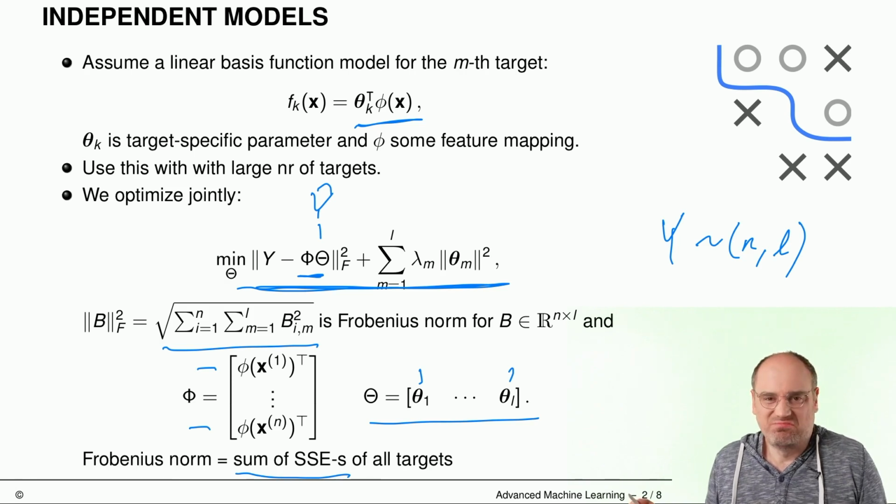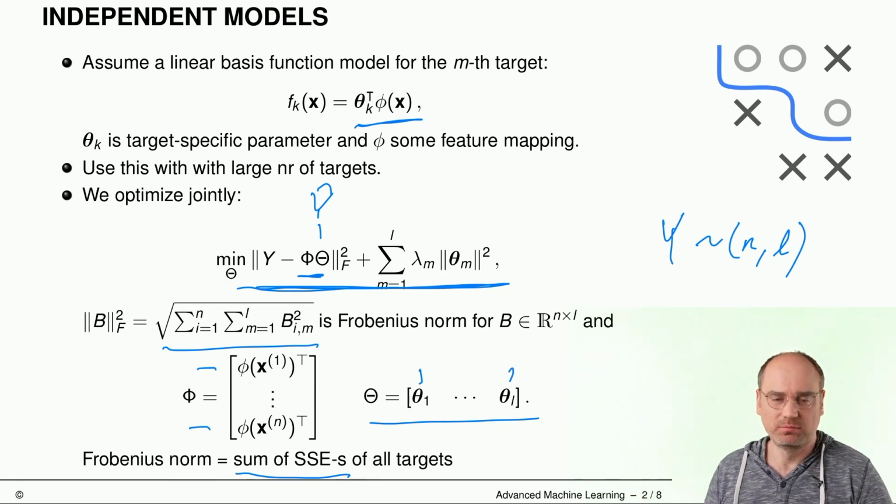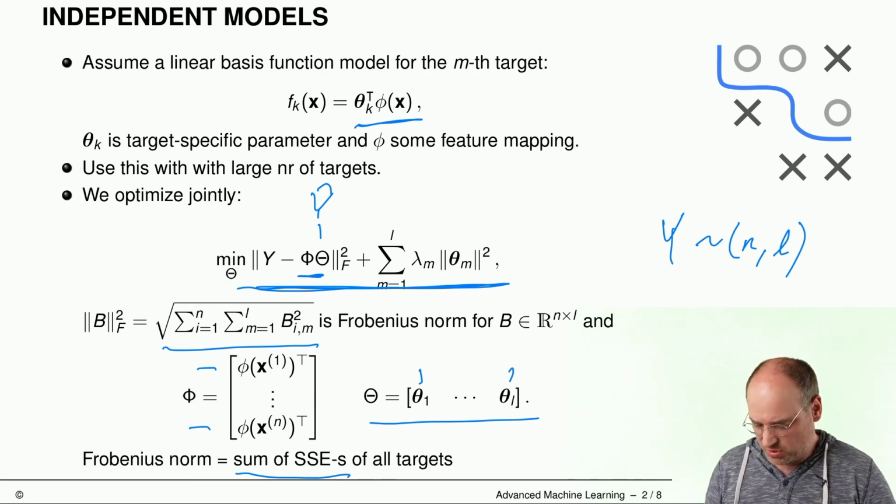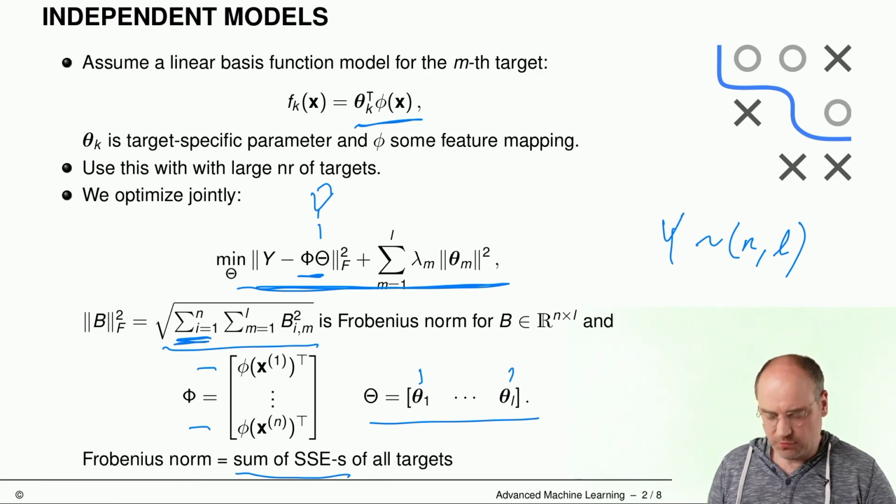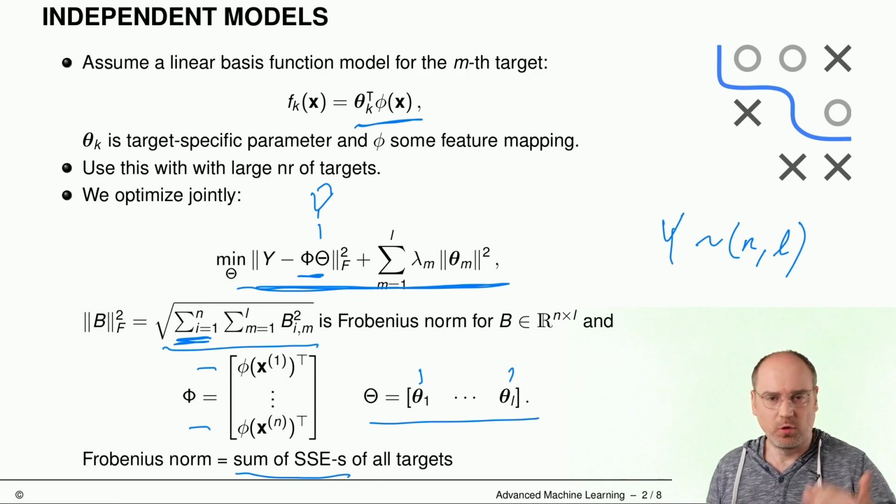Each cell entry is a residual for a certain observation, for a certain target. Now you square all of these residuals, and maybe you could say we square them first for a given column over all of the rows, and that's the SSE for that target, and then we do that for the second target and the third and so on, and at the end we sum it all up, so we get that global SSE.